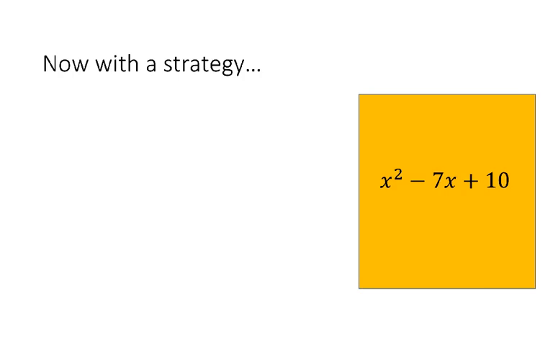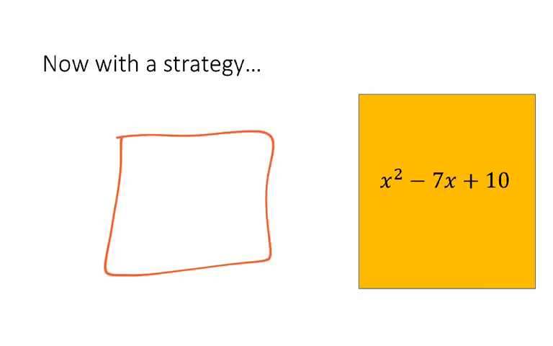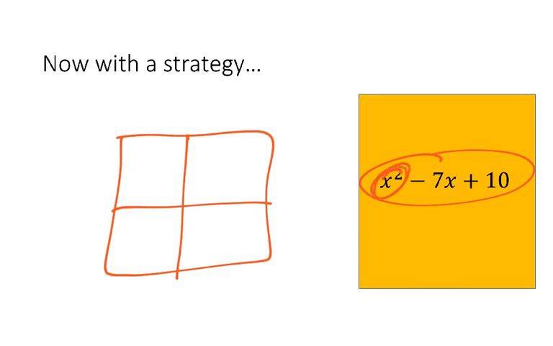So looking at this, let's apply a strategy. So we know that things have to multiply together to get this. If we go back to this box organizer, we know that two things have to multiply together to get x squared. We also know that two things have to multiply together to get positive 10. So now we have to figure out what things go up top here and on the sides so that this will happen.